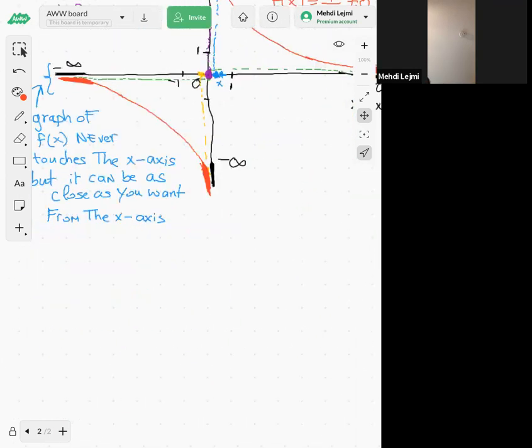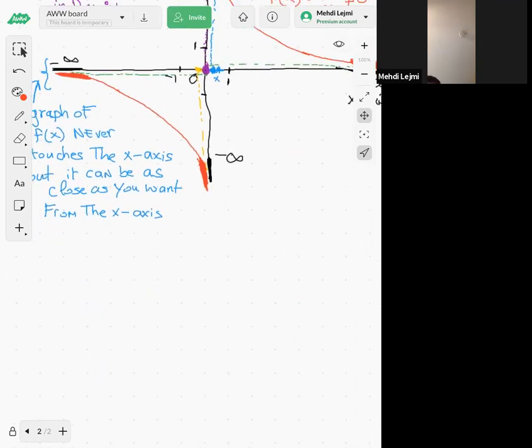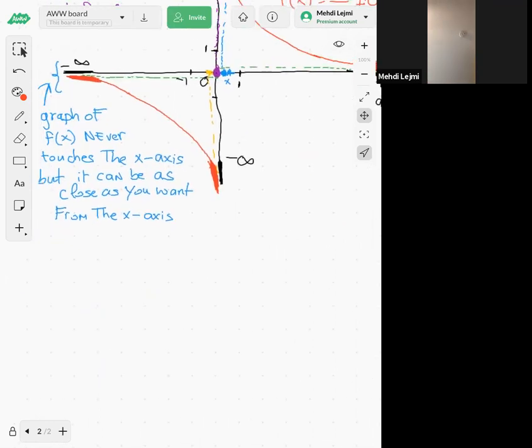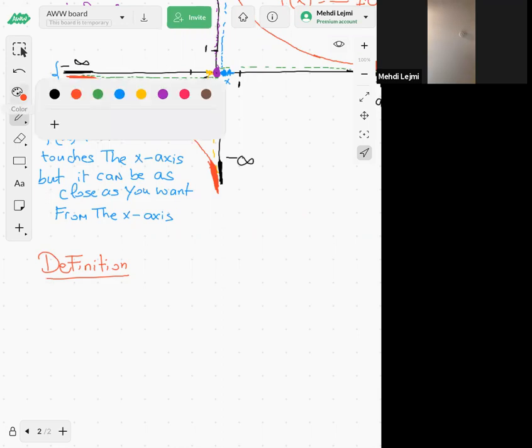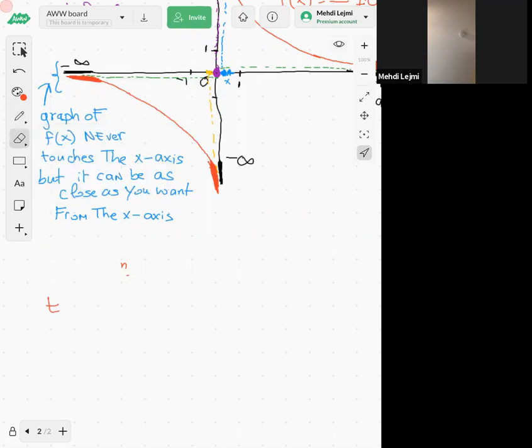So, before the definition, let's say a remark.